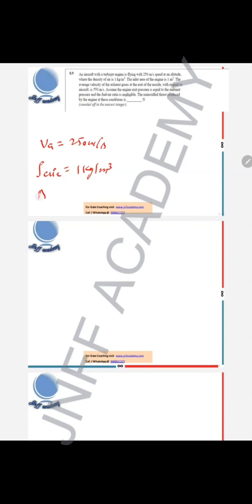The inlet area is also given, that is Ai is equal to 1 meter square. The average velocity of the exhaust gas at the exit of the nozzle, exit velocity is also given, that is 550 meter per second. Assuming the engine exit pressure is equal to ambient pressure, P exit is equal to P ambient, and neglecting the fuel to air ratio, that is f is negligible.